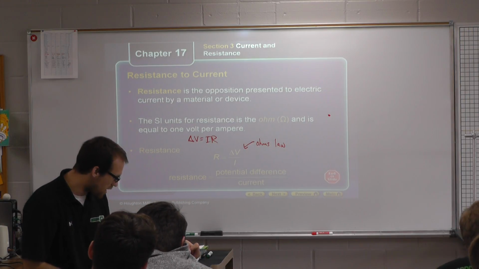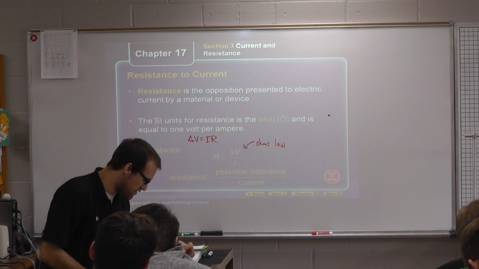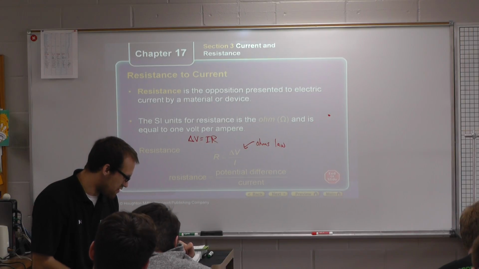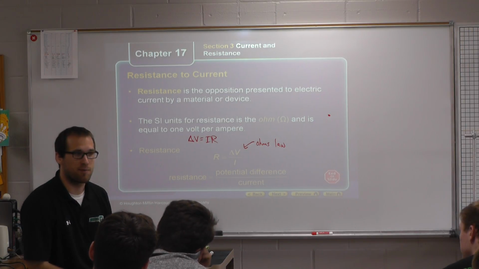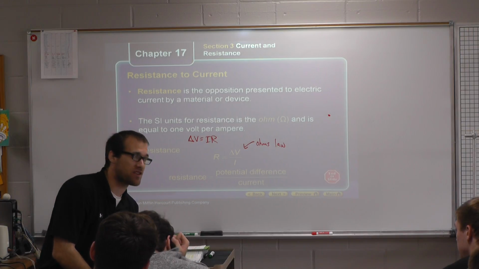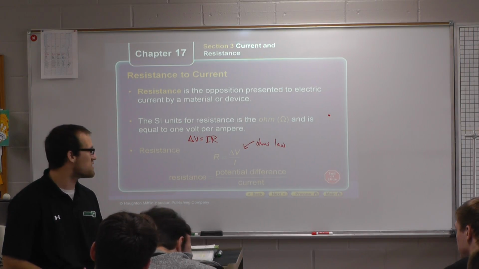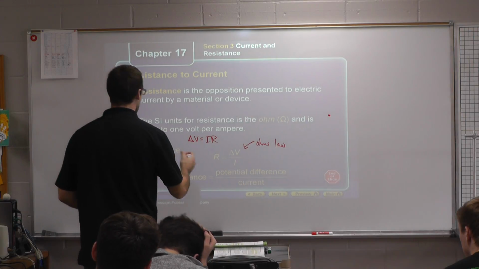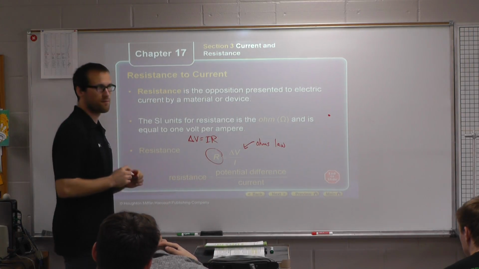Okay? However, it isn't the only factor that determines current. The material that makes up the connecting wires and the light bulb's filament and other factors can affect the current, and that goes into a variable known as resistance.